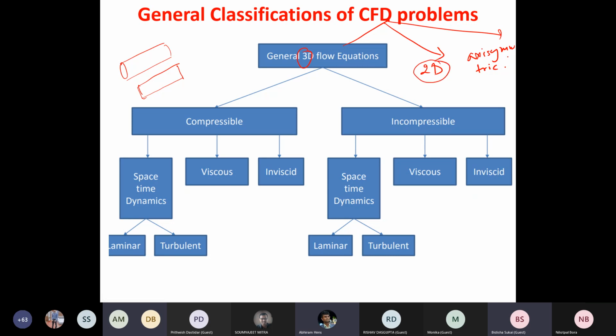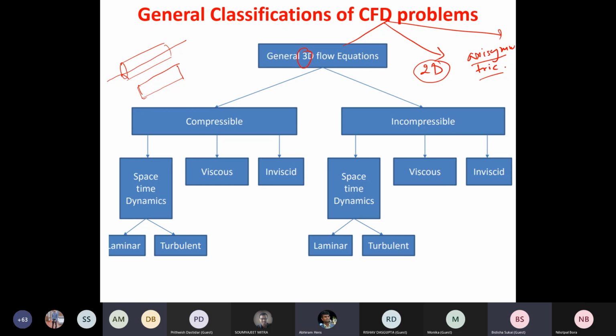Apart from that, there are some axisymmetric cases which are in between 2D and 3D, where the Navier-Stokes is retained in cylindrical coordinates. If your system is cylindrical in nature, you can take this axis and use a cylindrical or spherical coordinate system to formulate the equation, so you can get some advantage. You need not go to 3D particularly, but 3D is the realistic picture because we live in a 3D world.